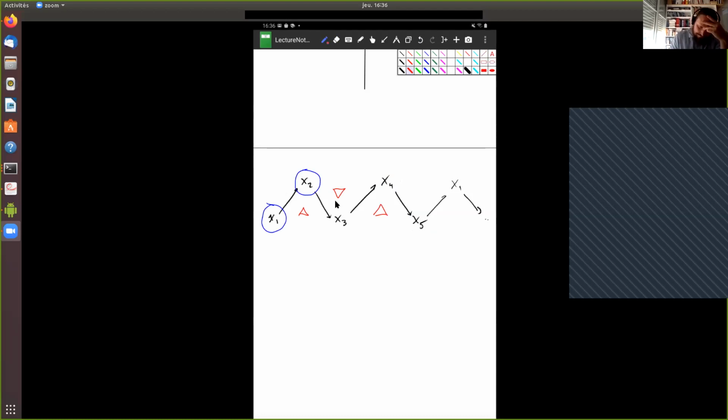It tells me that G1 minus G2 plus G3 is 0. G2 minus G3 plus G4 is 0. And G3 minus G4 plus G5 is 0.